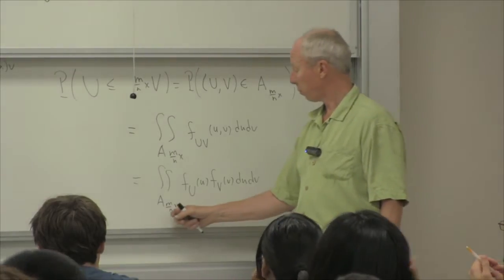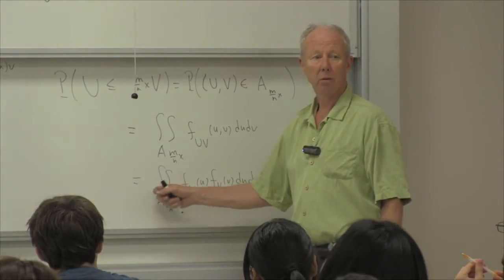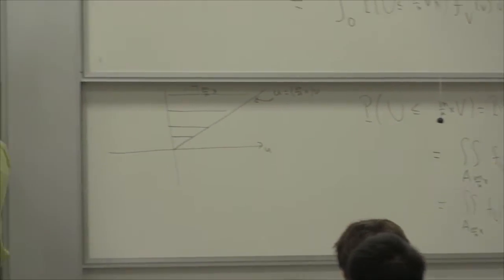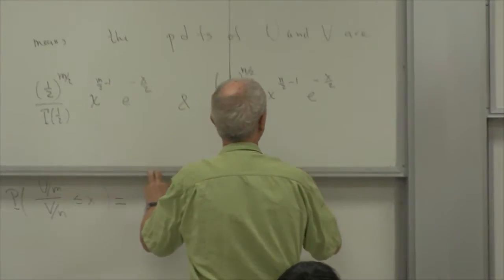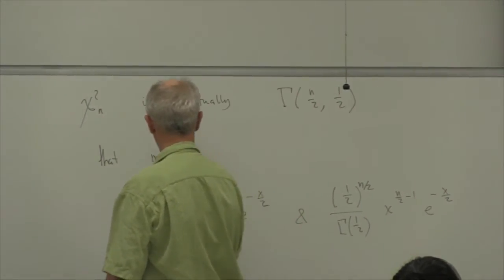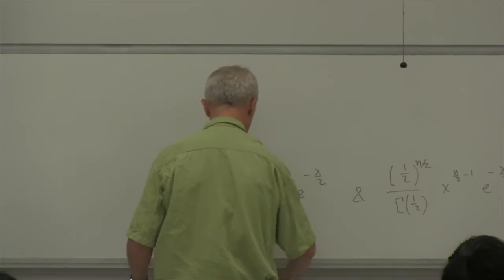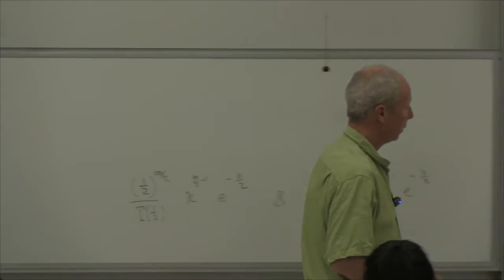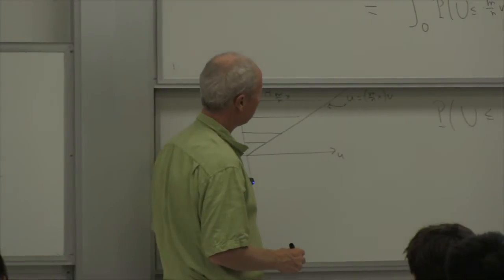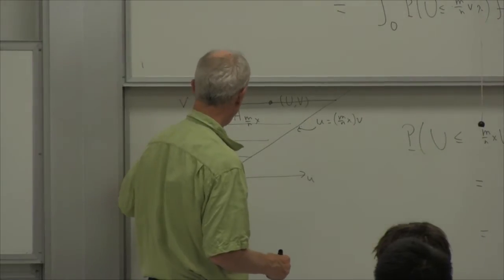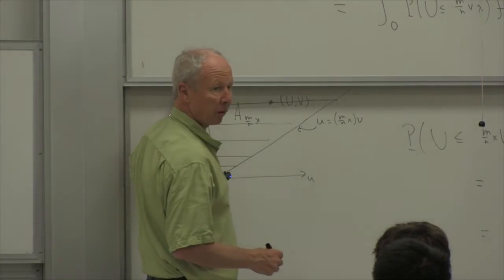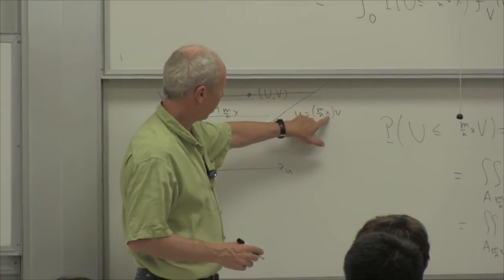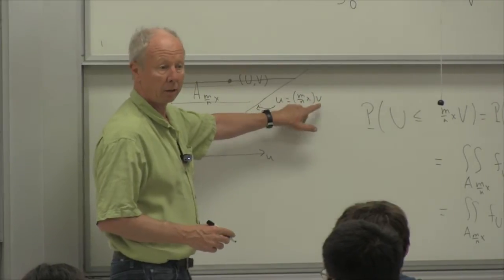And now what we should do is set up limits of integration to describe where we're integrating. So our v can go from 0 to infinity, and for a fixed value v, u goes from here to m over n x v.